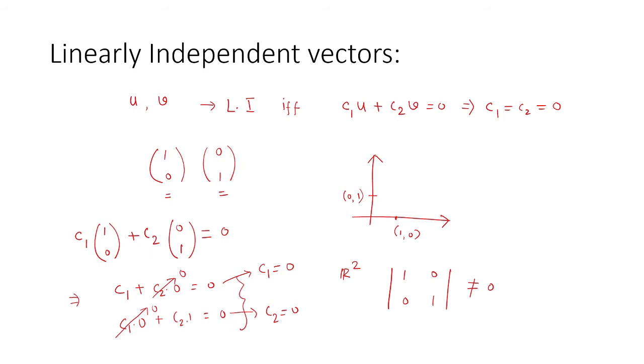Okay, well, now one thing, see here in this case it was 90-degree perpendicular, right? The two vectors here, 1 0 and 0 1, were perpendicular.